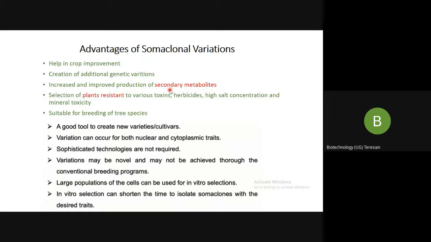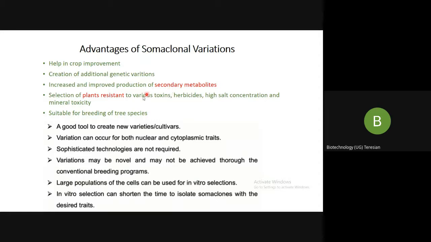I already told you secondary metabolites are very important, economically important. Medicinal plants, okay, turmeric, garlic, they are all medicinal, commonly used at home. They have so many important health properties. So these can be developed through tissue culture.